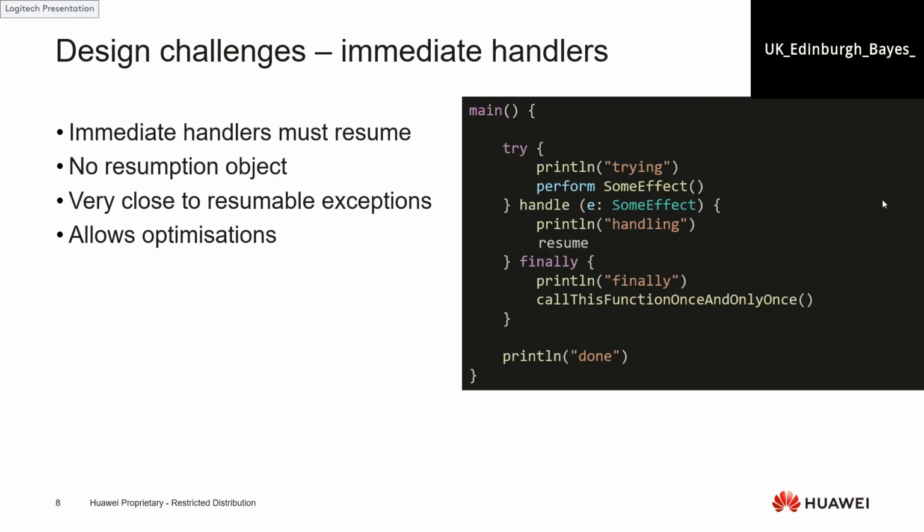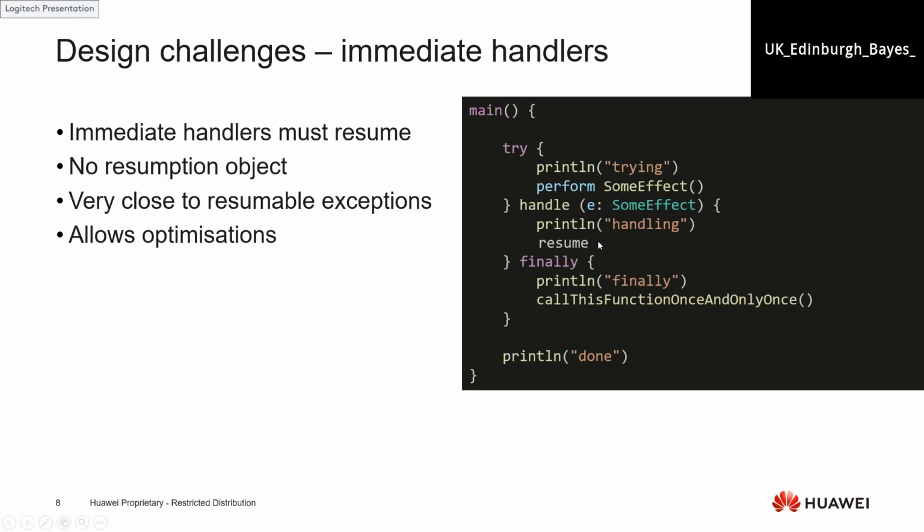In this case, you must resume after handling the effect. It's statically enforced, and the syntax is slightly different here. You have no explicit resumption parameter. It's entirely implicit. You resume without specifying the explicit resumption.